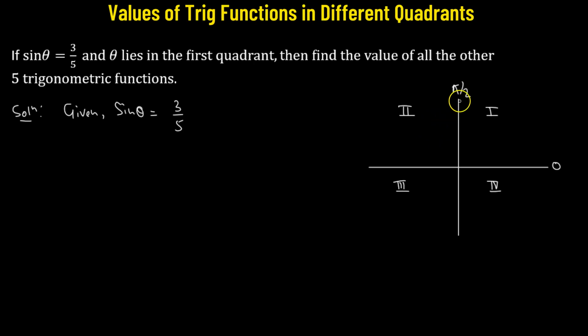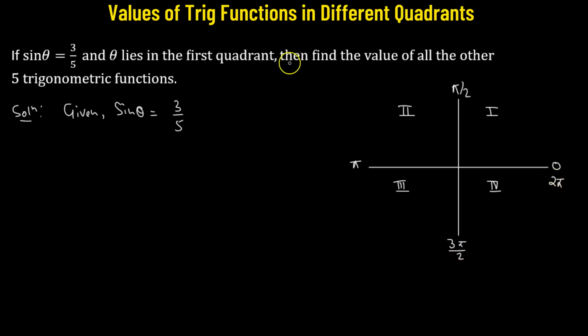In the second quadrant, theta will lie between pi over 2 and pi radians. In the third quadrant, our angle is going to be between pi and 3 pi over 2 radians, which is 270 degrees, and pi corresponds to 180 degrees. And finally, in the fourth quadrant, our theta value is going to lie between 3 pi over 2 and 2 pi.